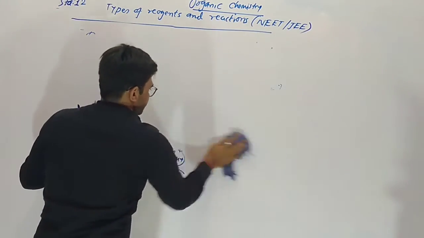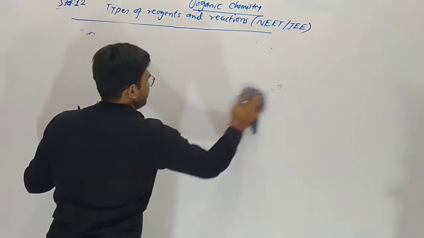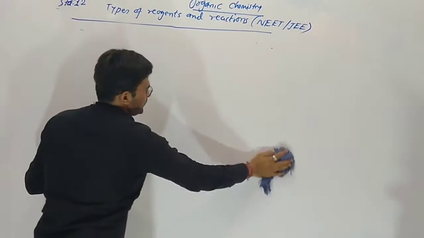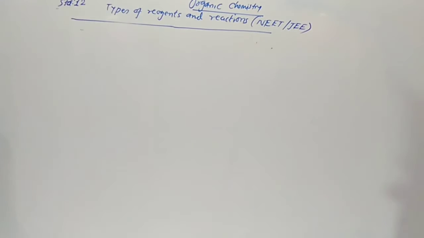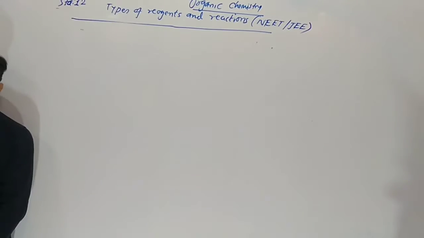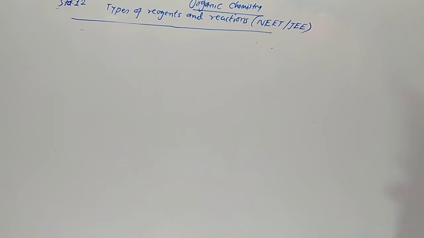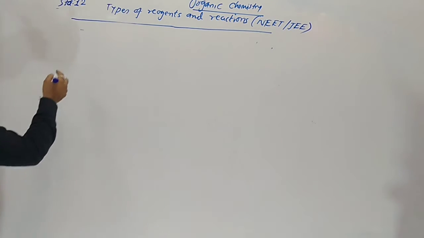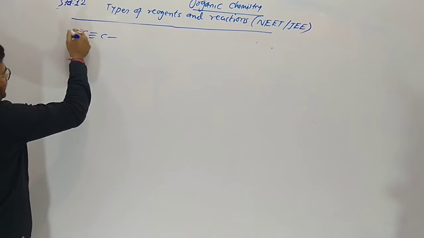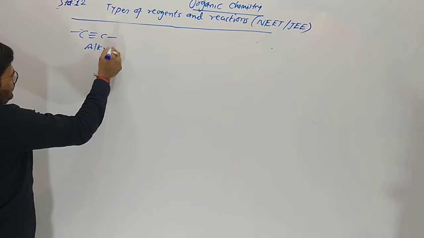Now we are in our new point. Come to the new point: alkyne. Hydrolysis of alkyne. C triple bond C is alkyne.